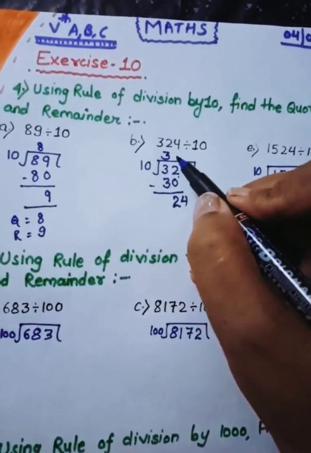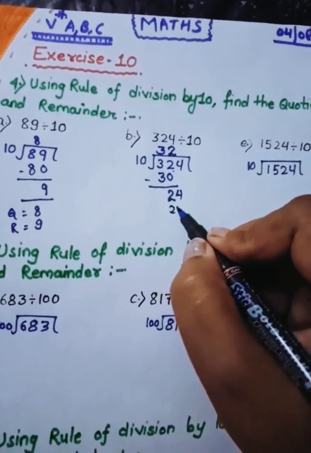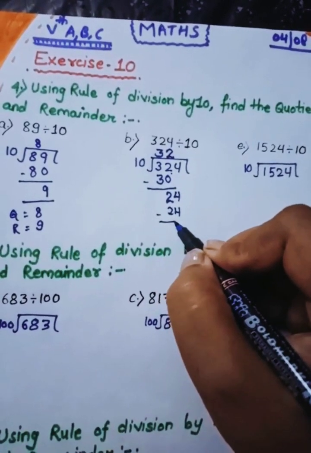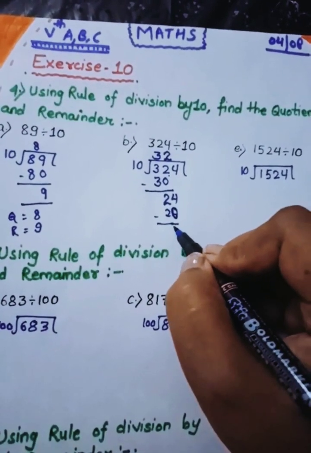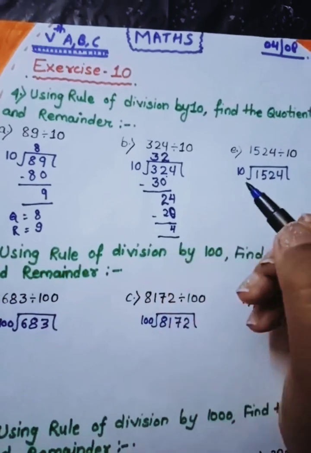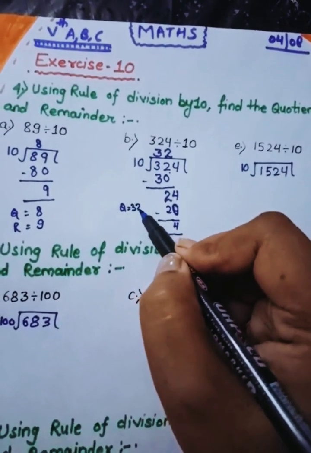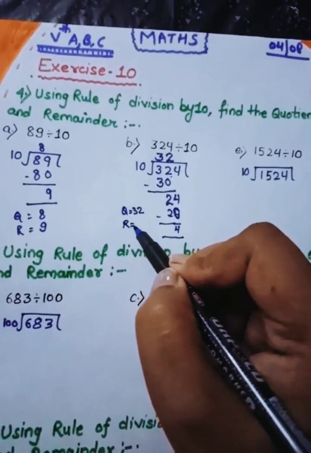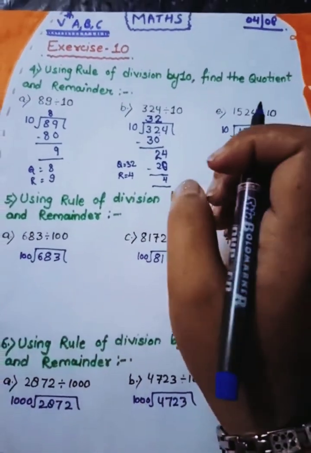Now 10 twos are 20. Now let us subtract, 4 is left. So the quotient is Q is equal to 32 and R is equal to 4. This is how I have done B part.